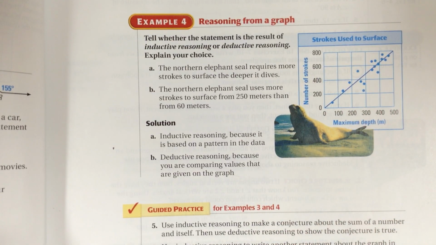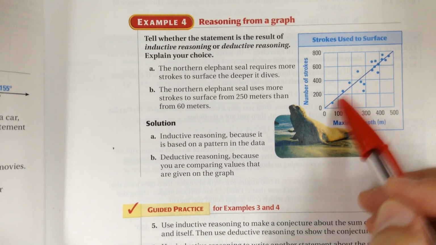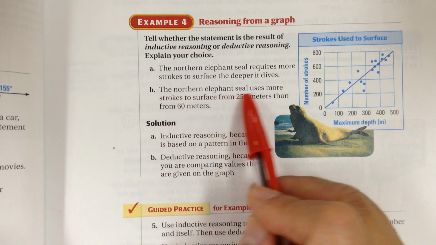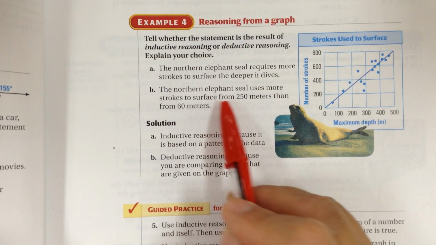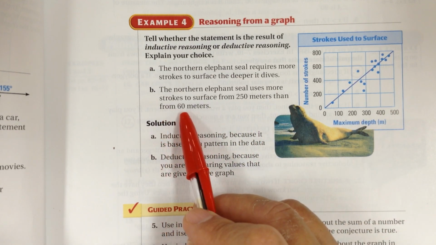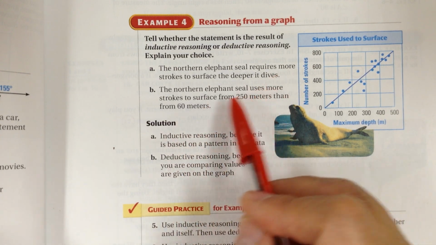Okay. Whereas B is based on a fact, based on a specific fact. So it says the northern elephant seal used more strokes to surface from 250 meters than from 60 meters. Okay. Now this is deductive reasoning because it's based on fact.